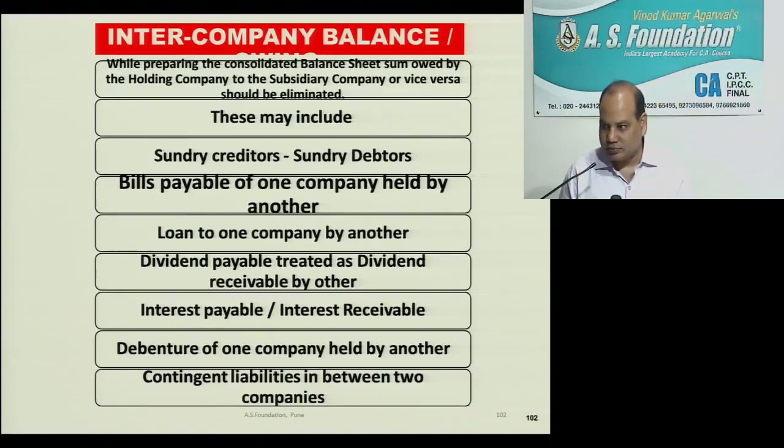Creditor, debtor, bills payable, bills receivable, loan given by one company to another, dividend payable, dividend receivable, interest payable, interest receivable, debenture held by one company in another company, and any contingent liabilities between two companies will also be reduced.